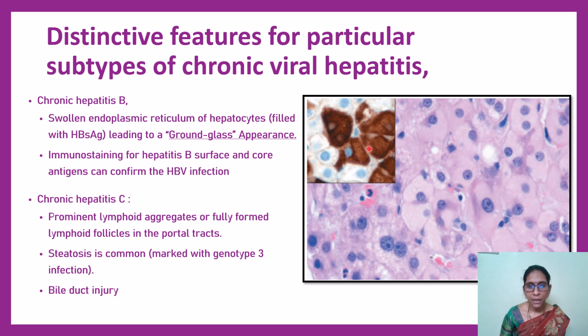And this can be demonstrated with the immunostain for hepatitis B surface antigen and core antigen. In chronic hepatitis C infection, there will be dense lymphoid aggregates which can be so dense as to form a lymphoid follicle in the portal tract, and there can be associated steatosis and bile duct injury.